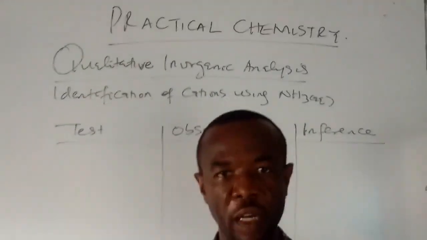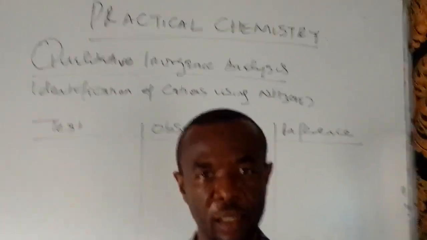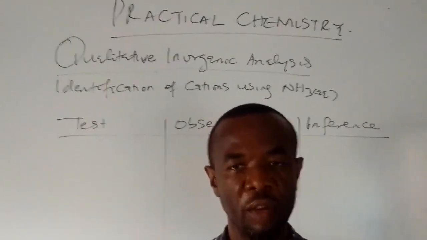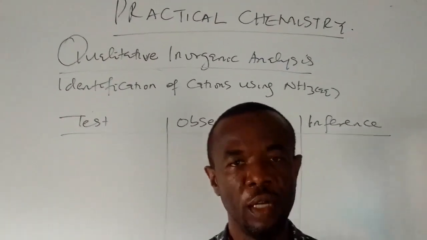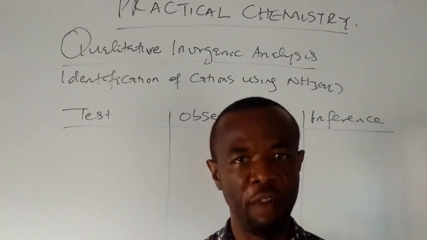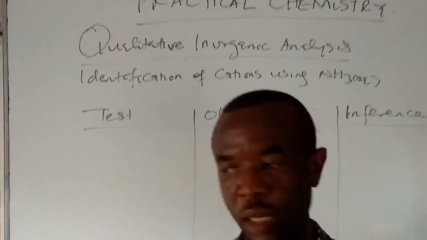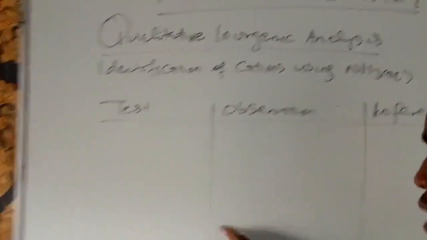What we have today is qualitative inorganic analysis. We're trying to identify cations. Cations are positive ions found in salts. For instance, sodium chloride is a salt.